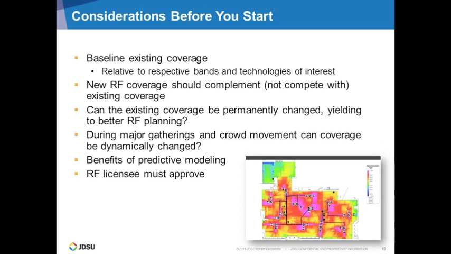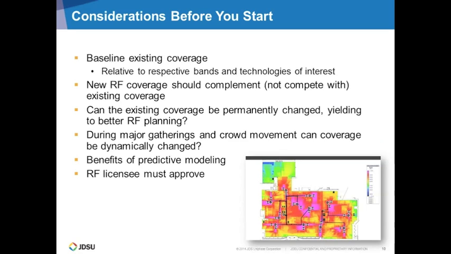The existing coverage can be permanently changed, yielding better RF planning, meaning it's not uncommon that we've seen macro sites turned off or greatly downtilted, or the power greatly reduced when a DAS system is employed within a large venue. There are also considerations during major gatherings and crowd movement. Can the coverage be dynamically changed?